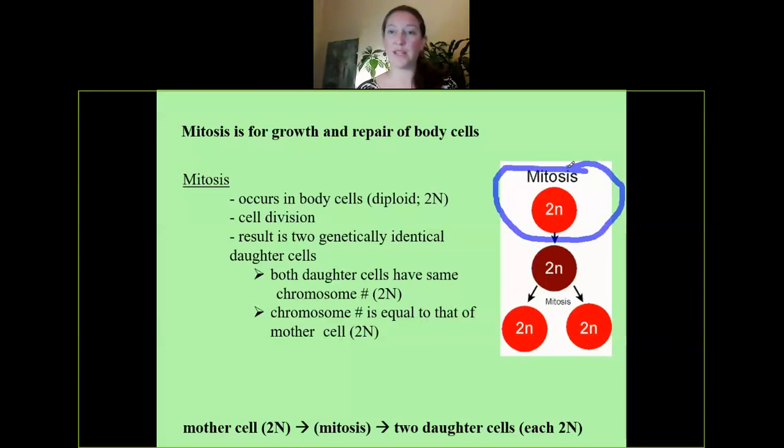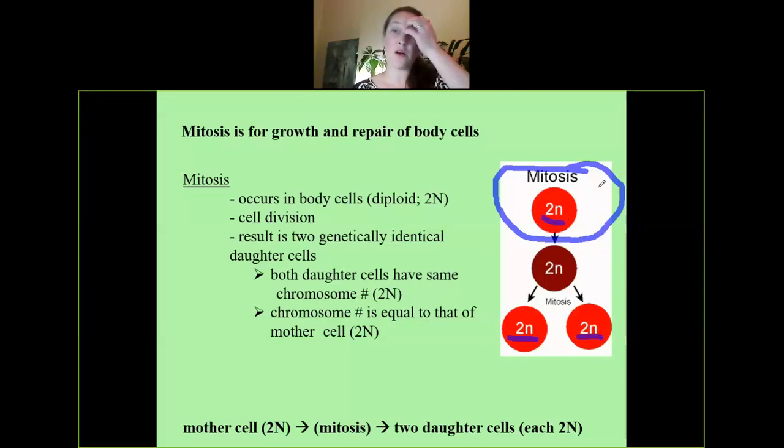This diploid cell is going to undergo changes that we are not going to have to cover, and it's going to divide into two cells. At the end of that process, the two cells are going to have the same chromosome number as each other, 2N, and the same chromosome number as the original, or mother, cell.